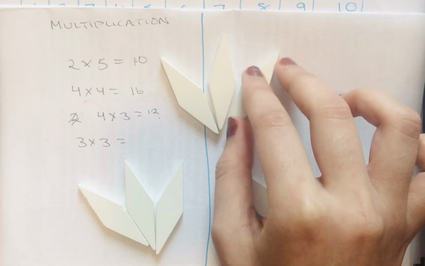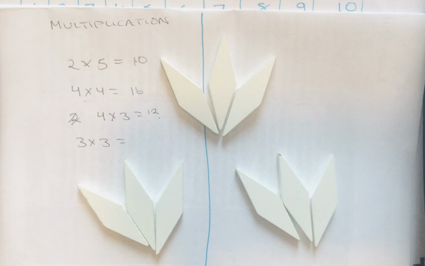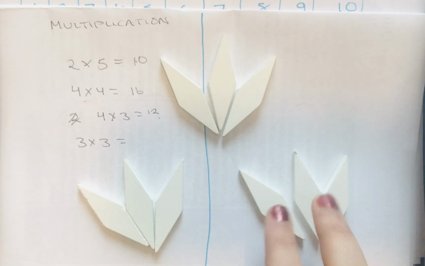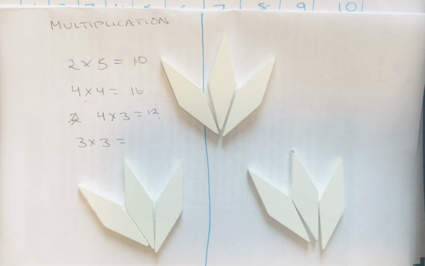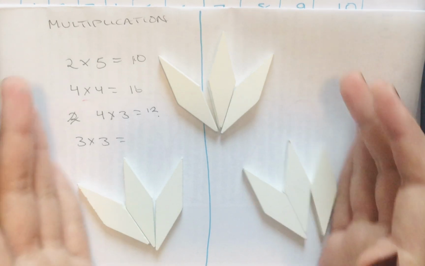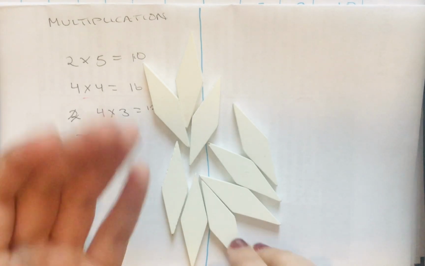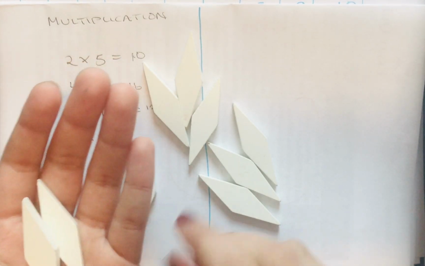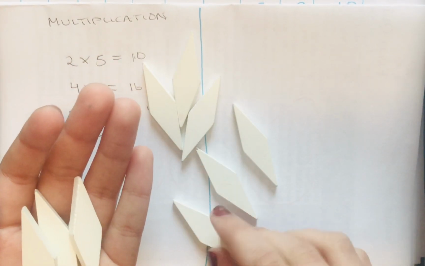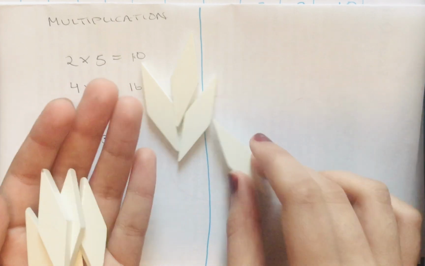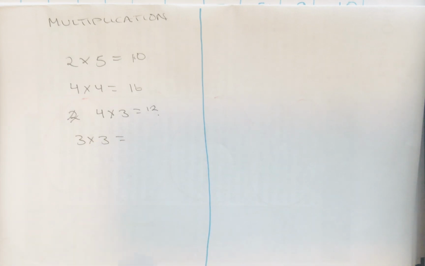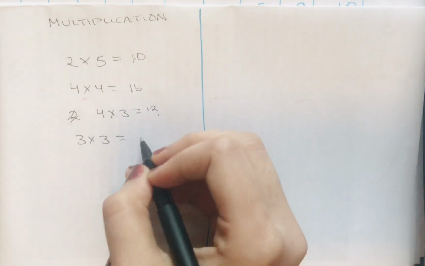So now you have 3 groups of 3 diamonds. Now let's put them all together. That's going to be 1, 2, 3, 4, 5, 6, 7, 8, and 9. So 3 multiplied by 3 is equal to 9.